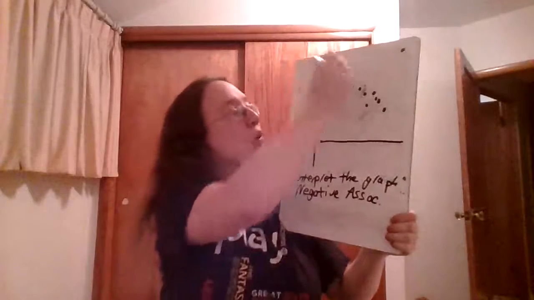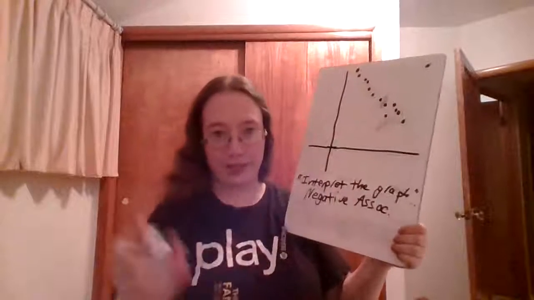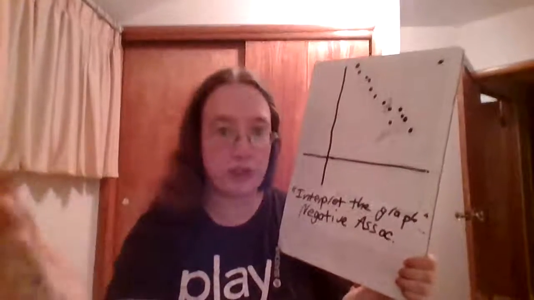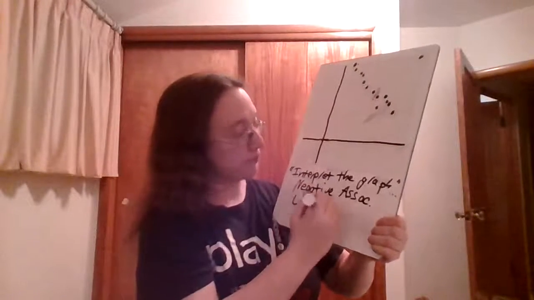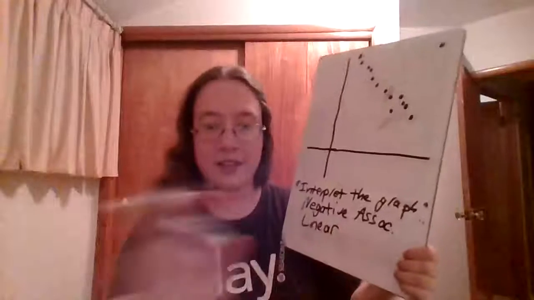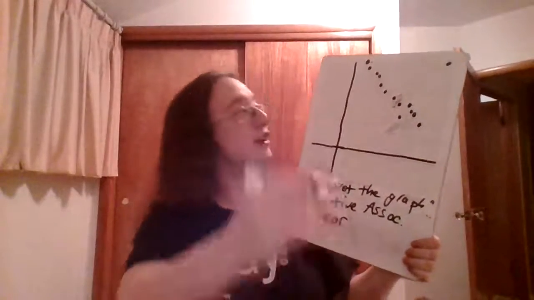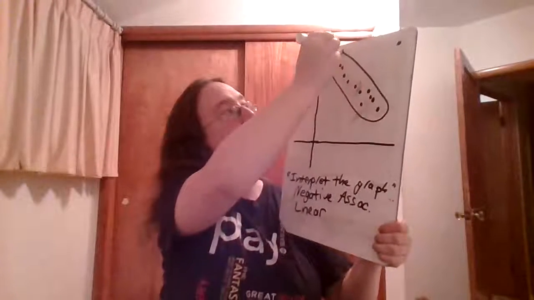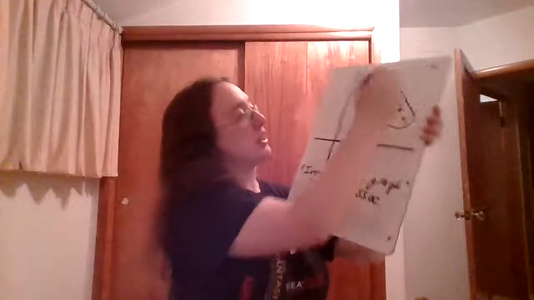We're making more or less a straight line here. Again, there are some points that don't exactly fit that line, but that's okay. It doesn't have to be perfectly linear, just close enough. So this is close enough to linear. And the last thing we're looking for is, do we have clusters? Do we have outliers? And as far as clusters, we pretty much just have this one cluster here. So I'm just going to circle that and label it a cluster.